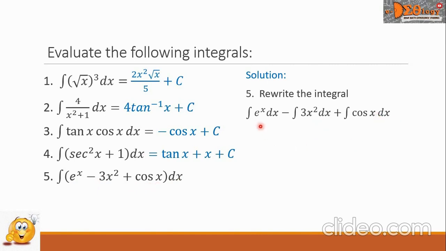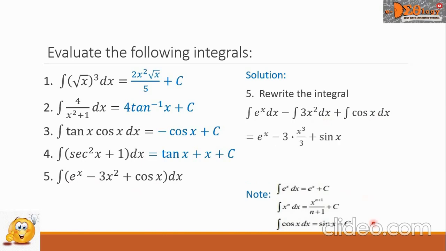So we're going to use three different integrals here. And these are the formulas that we're going to use. So the integral of e^x dx is simply e^x minus the constant 3 times x cubed over 3 plus the integral of cosine x is sine x.